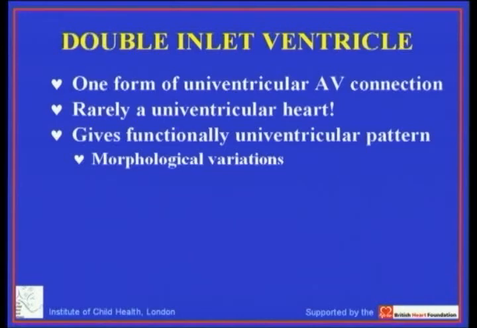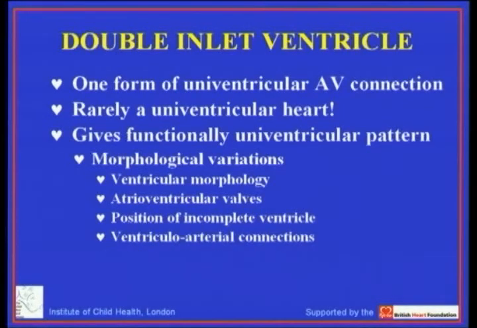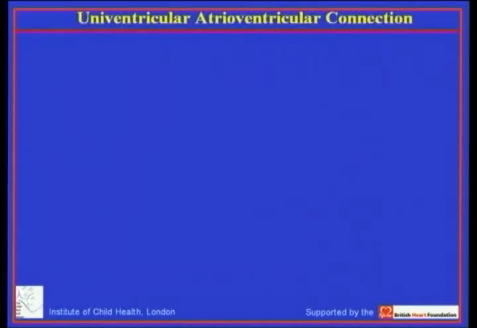So within our functionally univentricular pattern, we need to take account of the morphologic variations in terms of what's happening at ventricular level, what's happening at atrioventricular valvar level, the position of an incomplete ventricle when such an incomplete ventricle is present, and then looking at the ventricular arterial junctions and the associated malformations.